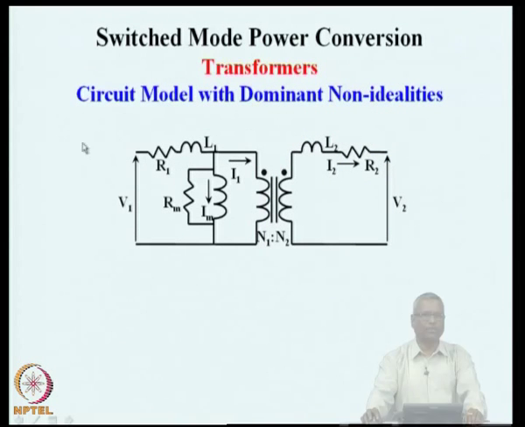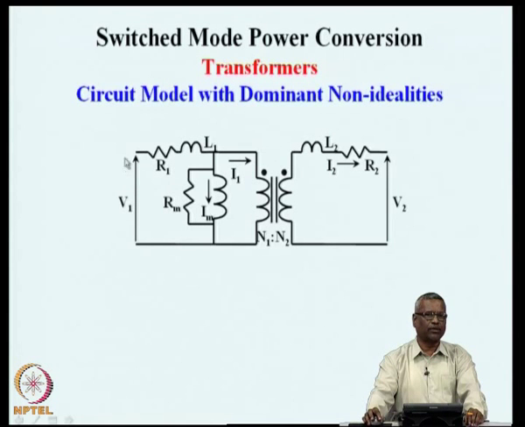The transformer can now be modeled with all these non-idealities. We saw about 10 micro ohm and 629 micro ohm here, and leakage inductance of about 0.07 microhenry, and a similar kind of secondary side leakage inductance, which will be this same inductance multiplied by the square of the turns ratio, and the magnetizing inductance of 133 microhenry, and the loss resistance which we had seen from the core loss, we converted into an equivalent resistance of something like 270 ohms or so.